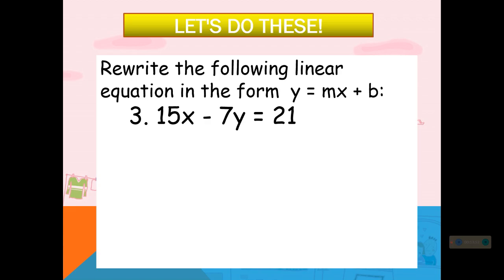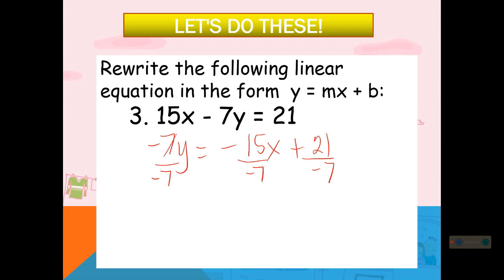We have 15x minus 7y equals 21. So we have here negative 7y equals negative 15x plus 21. Yes, very good. You still remember. Since the coefficient of y is negative 7, divide all the terms of the equation by negative 7.